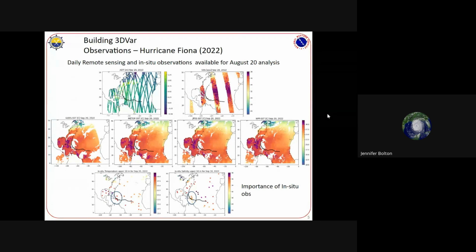Okay, so we happen to have, luckily, glider observations in that particular location. But if there is no glider or other in situ observations, we are pretty much doomed. Because SST is not going to do well in this particular TC area.